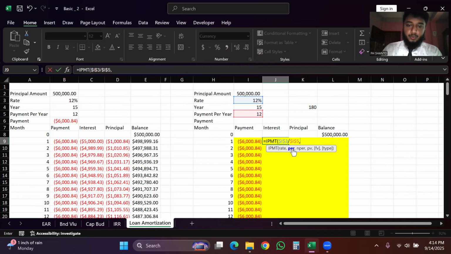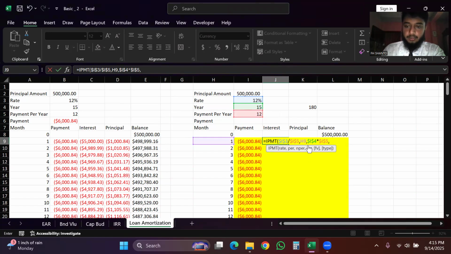That means which month we need. We need this month. That is per. Then next the nper, that means 15 years, multiplied by 12.